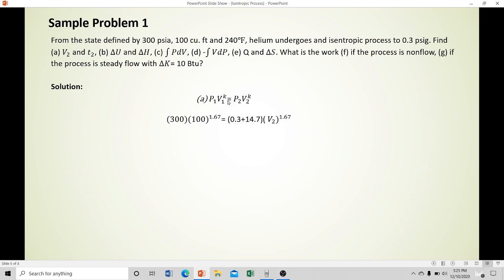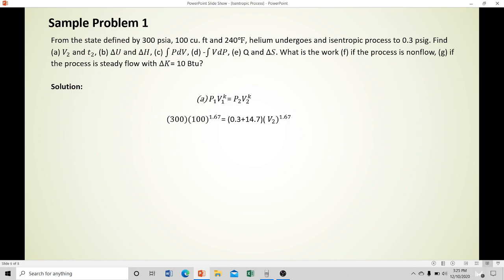K is the specific heat ratio, where K is equal to Cp over Cv. Helium is monatomic, or a single atom, so its specific heat ratio is 1.67.